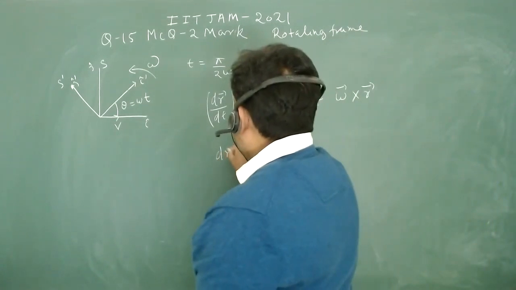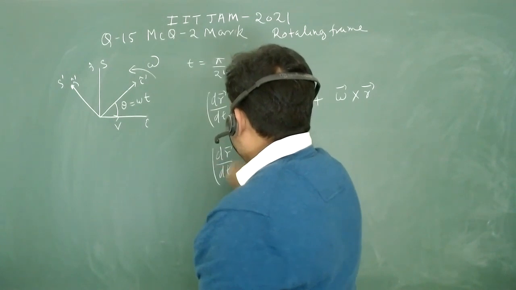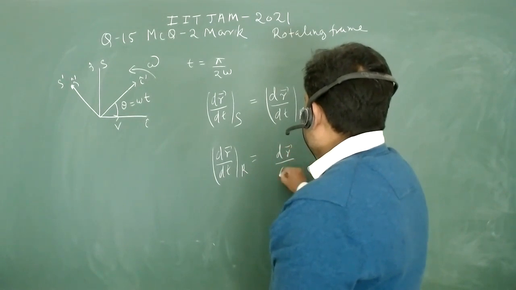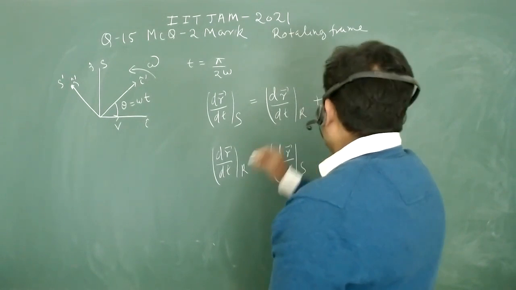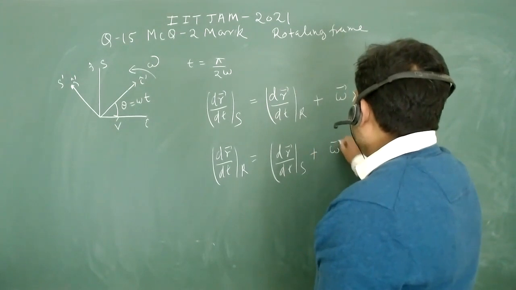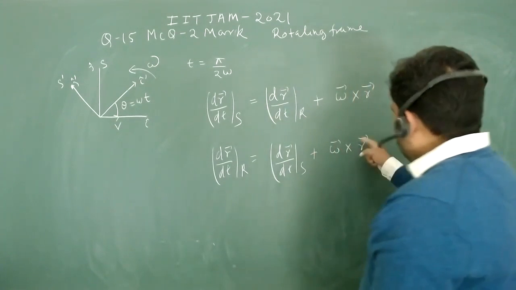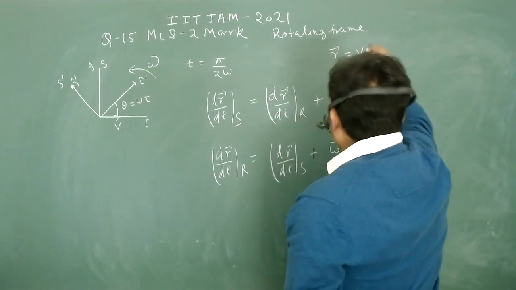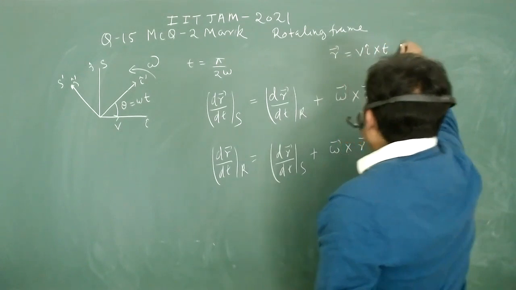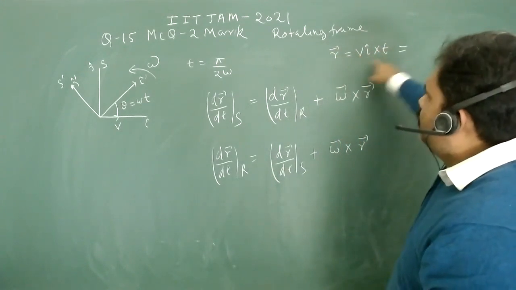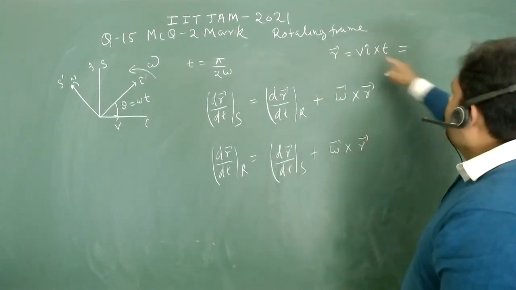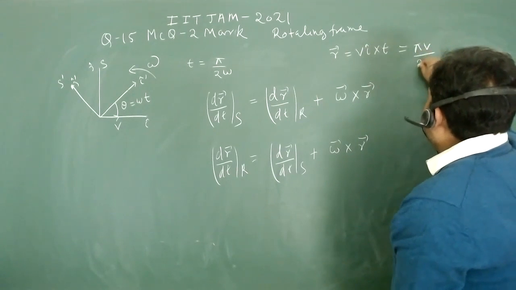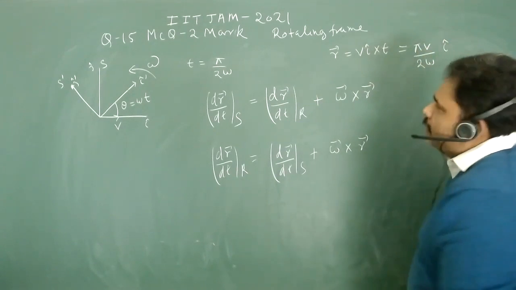Now, what is r? r is nothing but v i cap into t. So at time t equal to pi upon 2 omega, the value of r is pi v upon 2 omega in the i cap direction.